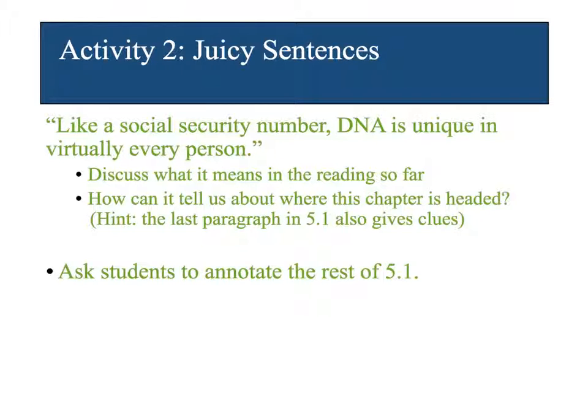But thinking about how does this particular sentence, DNA is a unique identifier, going to be important as we're thinking about DNA and biotechnology, DNA and health, DNA and agriculture, and all those processes involved in how DNA works and is replicated. So students should start thinking about that, and then we'll ask them to read and annotate the rest of 5.1 together with a partner.